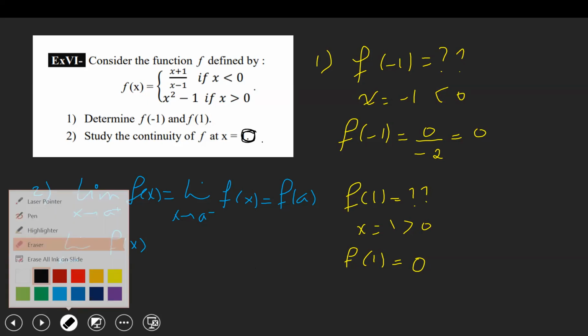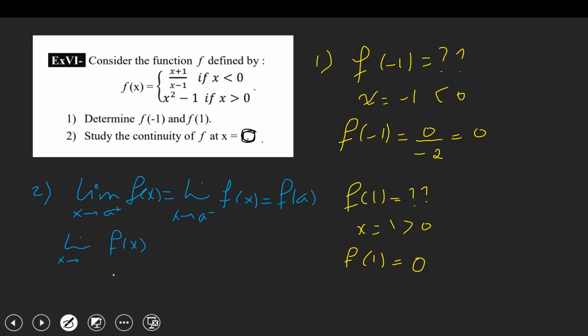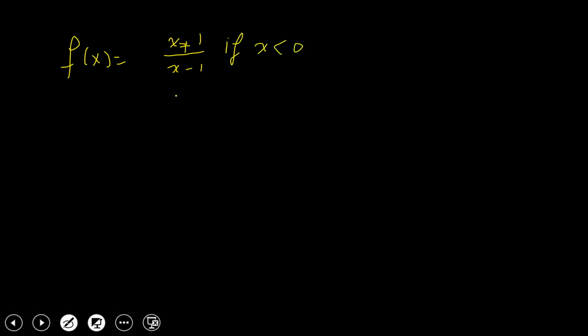I repeat it again. Let's suppose that we have this function x plus 1 over x minus 1, in case x is negative, and x squared minus 1, in case x is positive or greater than or equal to 0.